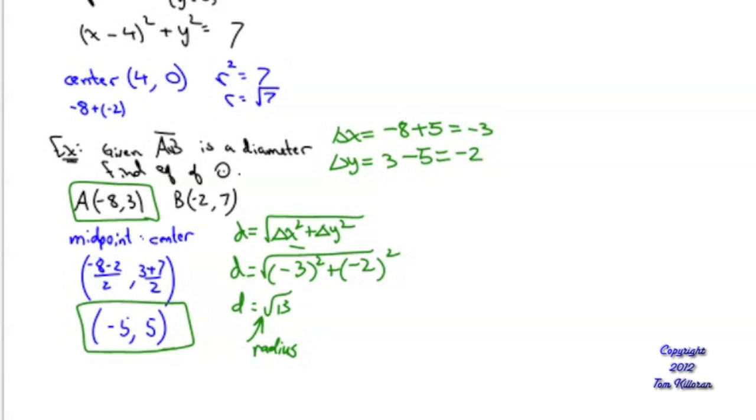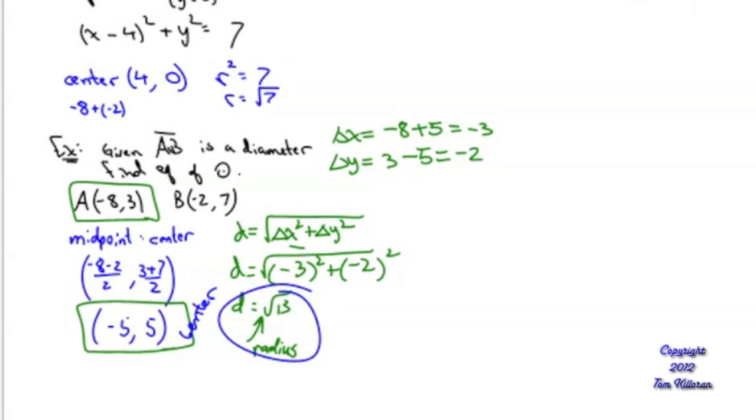Okay, now we need to take the center and the radius, almost there, and put it into the equation of the circle. We're almost done. So it's going to be x minus h. Which h am I talking about?